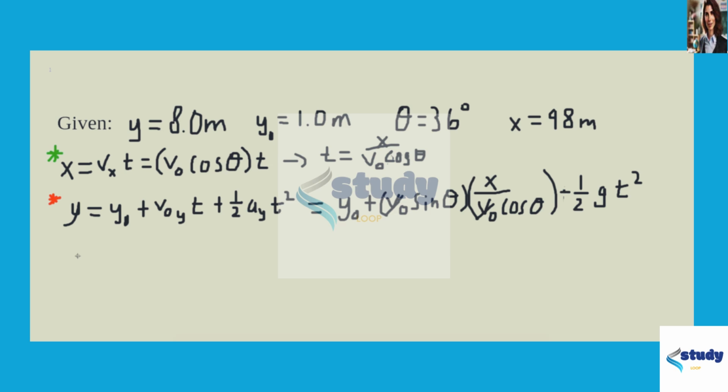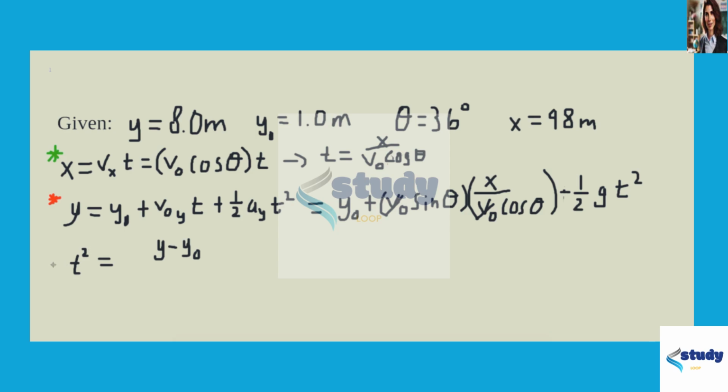If you do that, you're going to find t squared is equal to, first, y minus y naught.